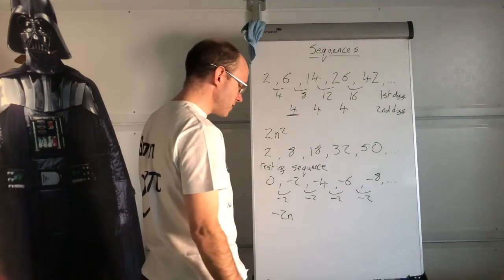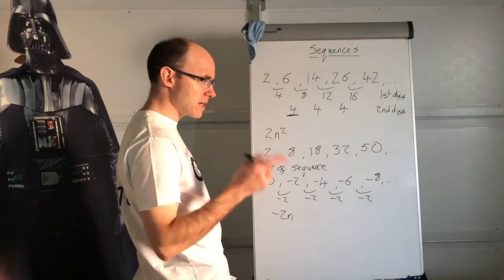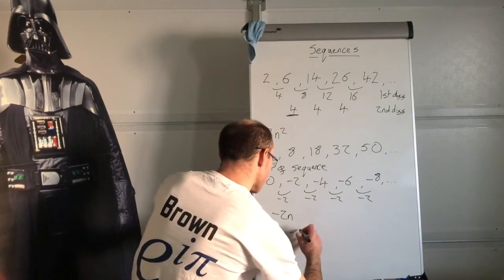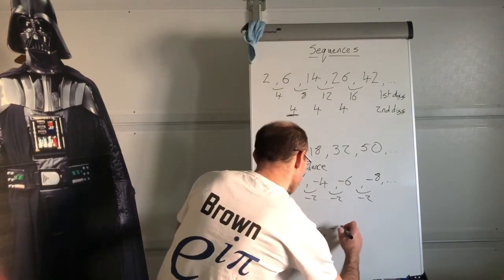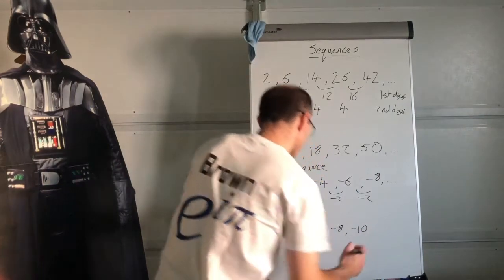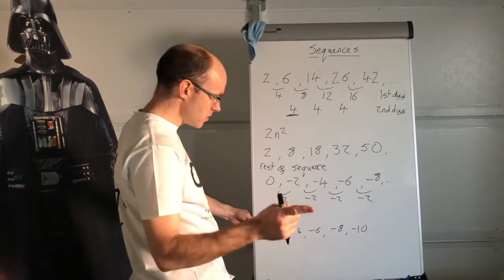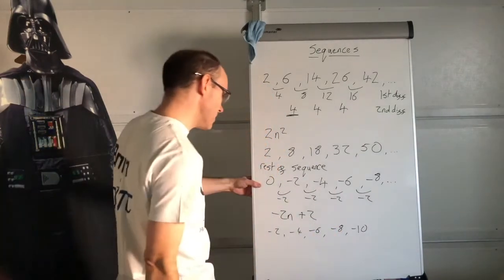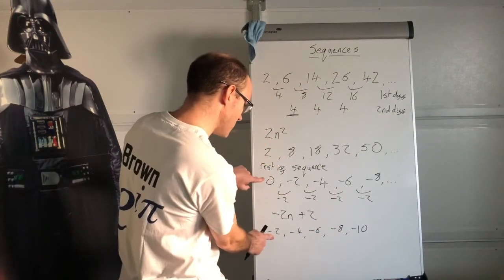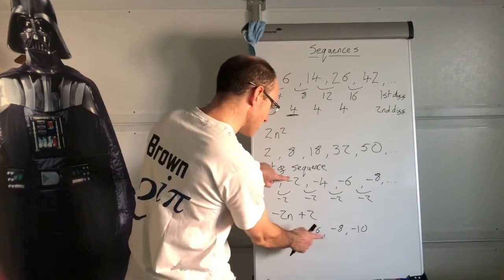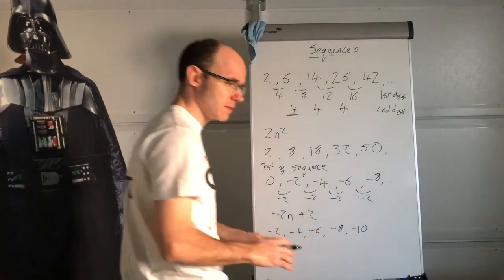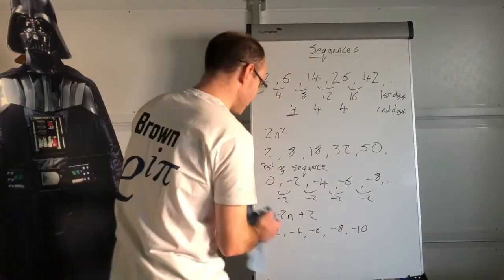The -2 times table is -2, -4, -6, -8, -10. What do we do to the -2 times table to get these? Well, we add on 2 to each one. Just check: -2 plus 2, -4 plus 2, -6 plus 2, -8 plus 2, -10 plus 2.